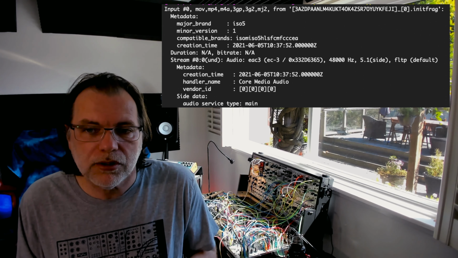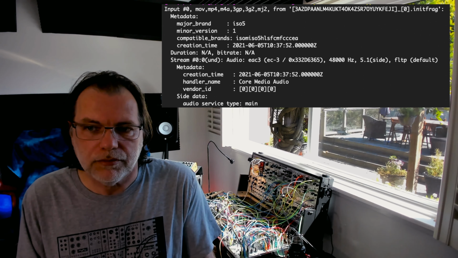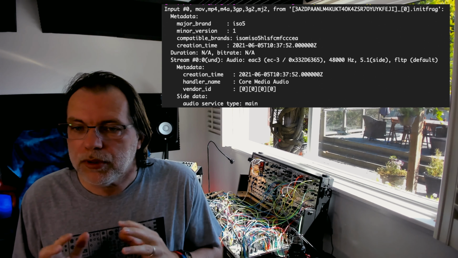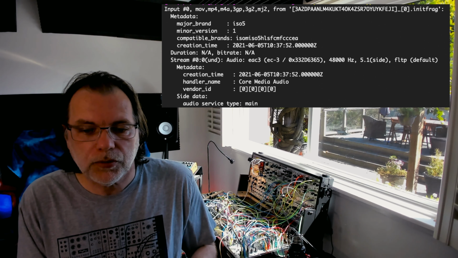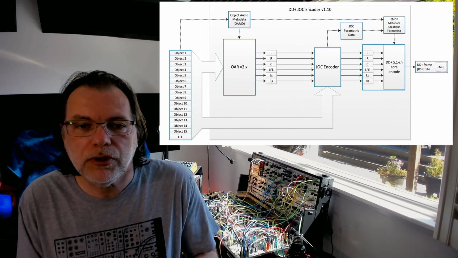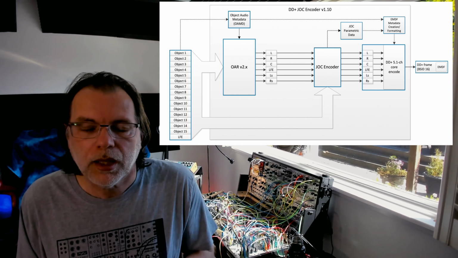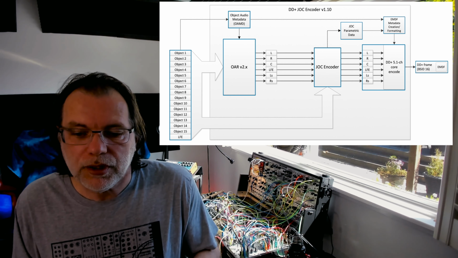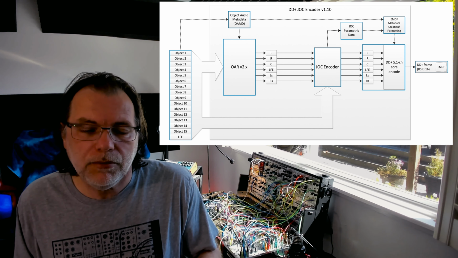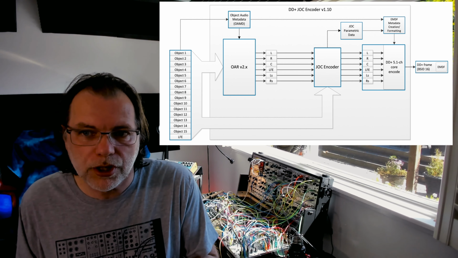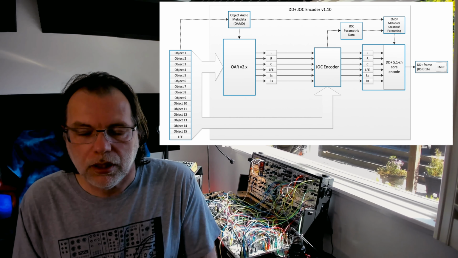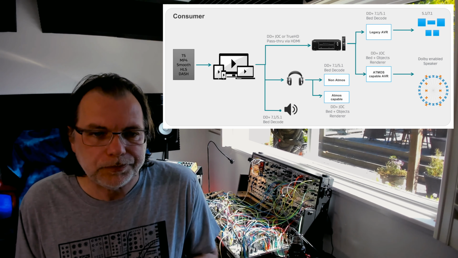The 128 objects have been reduced to 5.1, and then you've got metadata, called Joint Object Coding, which allows you to extract the objects from this 5.1 mix. That's interesting. You've got backward compatibility with 5.1, and if your system understands the JOC, then you get full Atmos with 16 objects.